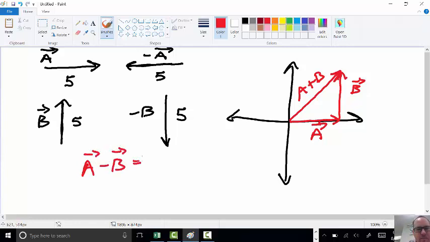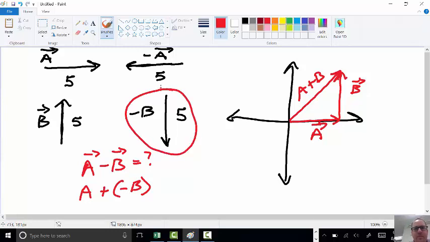But people are more curious, well, what about A minus B? What does that look like? And the best way to think about this is A minus B is the same thing as saying A plus negative B. And we already know now negative B is just this. I'll do this one in blue. So if we do A plus negative B, you start with A again.